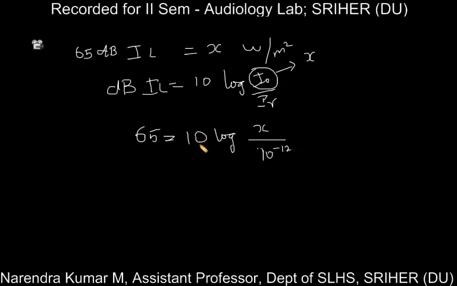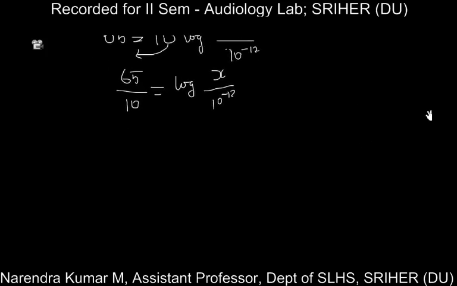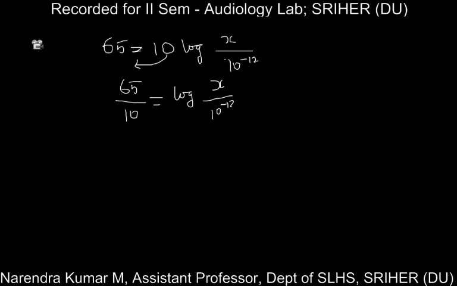Now this 10 should be taken to the other side of the equal sign. So it will be 65 divided by 10 equal to log of X divided by 10 to the power minus 12, which simplifies the equation to 6.5 equal to log of X divided by 10 to the power minus 12.